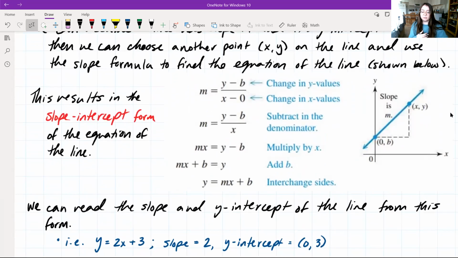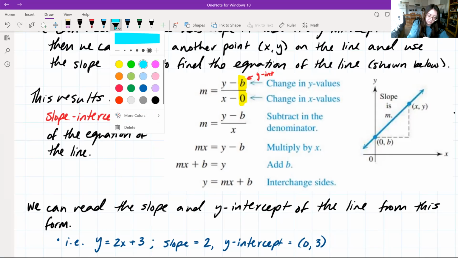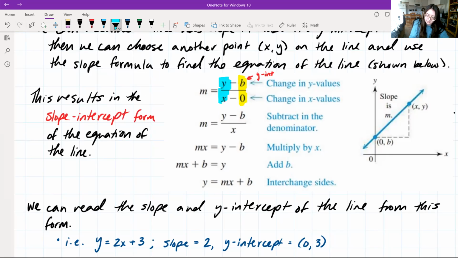So we see if we choose this x and y and our y-intercept, so (0, b) is our y-intercept, and (x, y) is just another point.